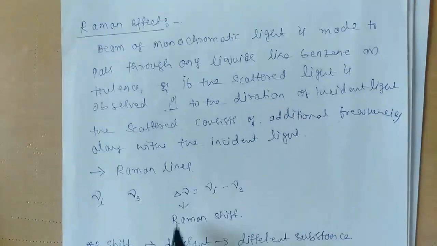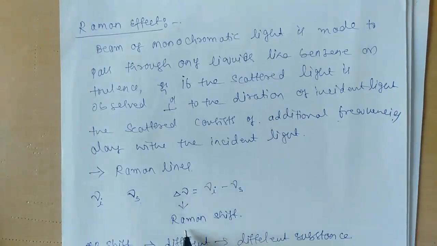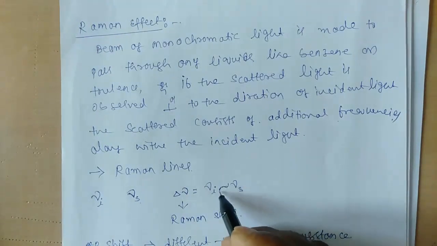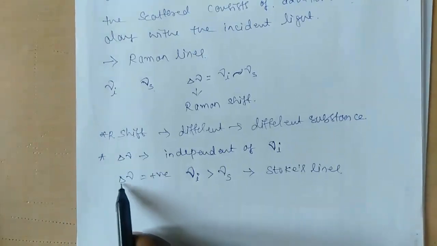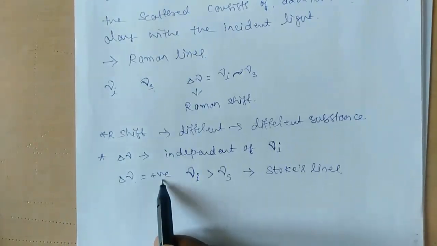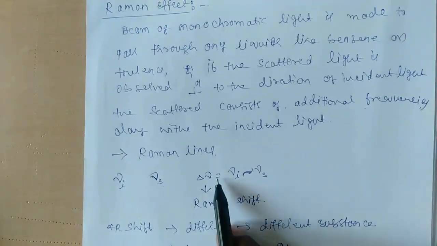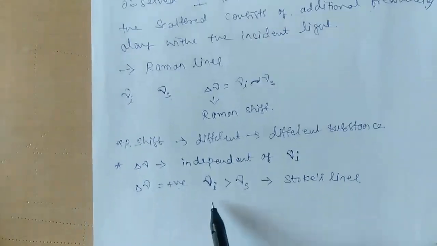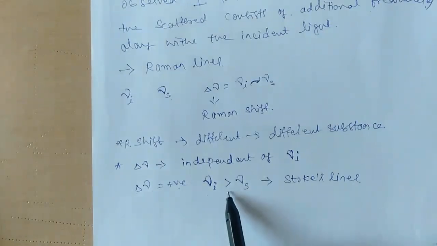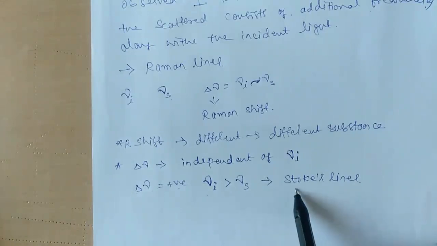Remember once again, delta nu is known as the Raman shift, written as nu I minus nu S. If delta nu is positive, nu I should be greater than nu S, so the frequency of the incident light will be greater than that of the scattered light. Such spectral lines are called Stokes lines.